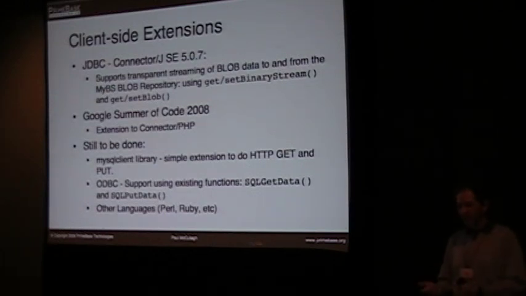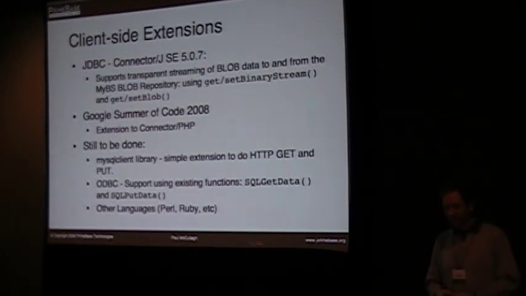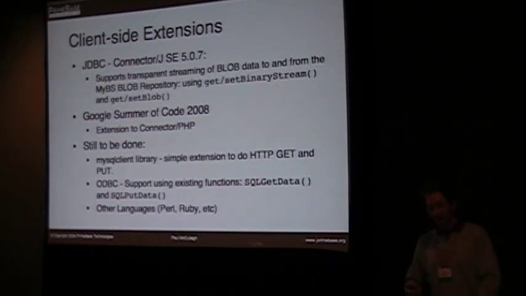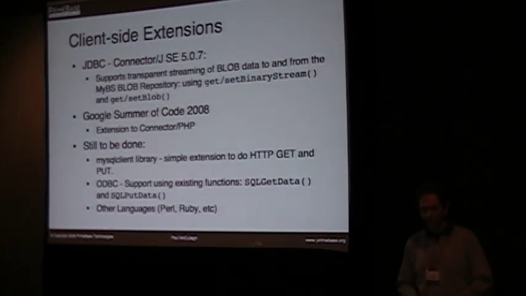That's important, because you can't replace the old behavior: the one needs the blob streaming engine, and the other is standard behavior. And we'll also be adding extensions to Perl and Ruby and the other connectors that MySQL supports.